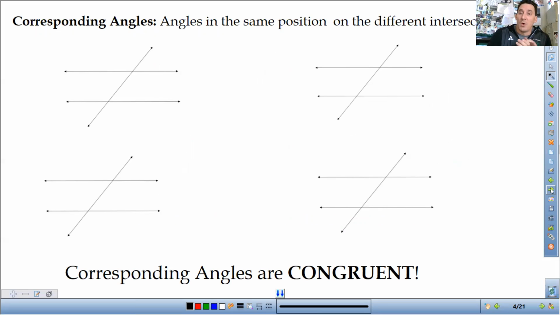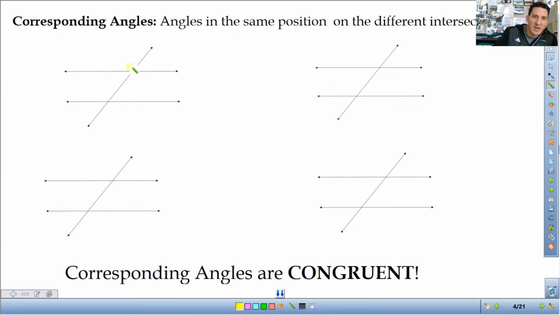So one of the angle pair relationships that is created is corresponding angles. Corresponding angles are angles that are in the same position on the different intersections. There's four sets of corresponding angles. That's why I have four diagrams here. So we have the two parallel lines cut by a transversal. I'm gonna highlight here.